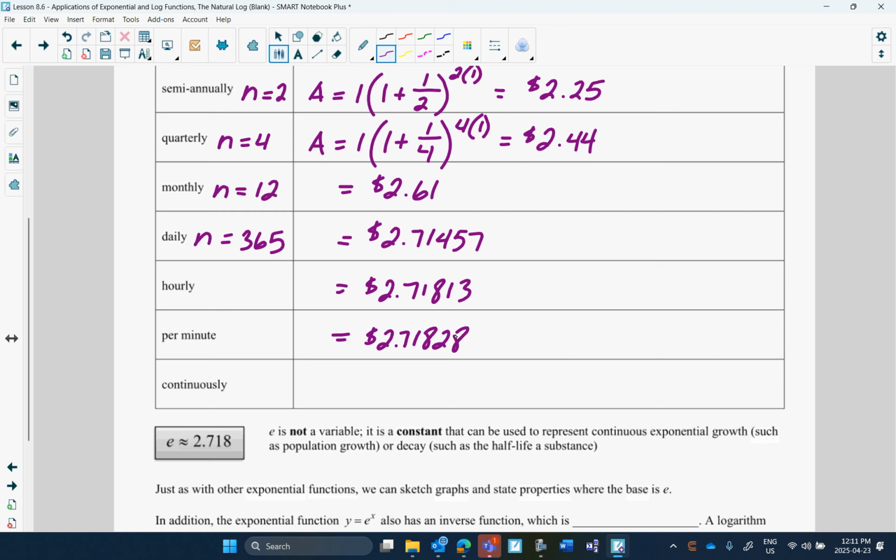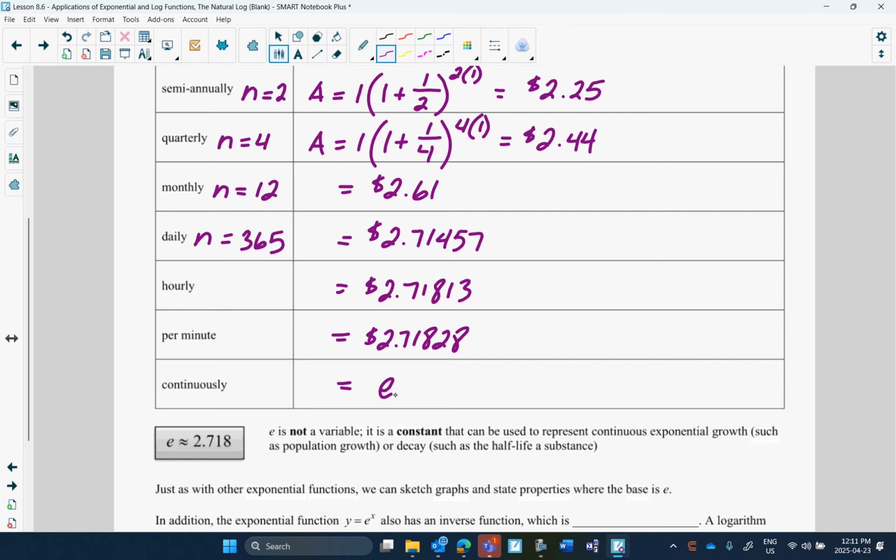Anyway, if you kept going down like that, if you did it continuously, constantly being recalculated, it's going to approach a number that never repeats or never ends, called E. So we say that E is approximately 2.718.